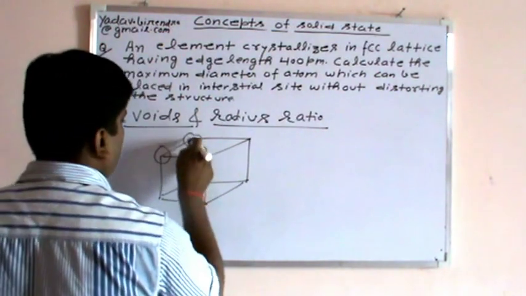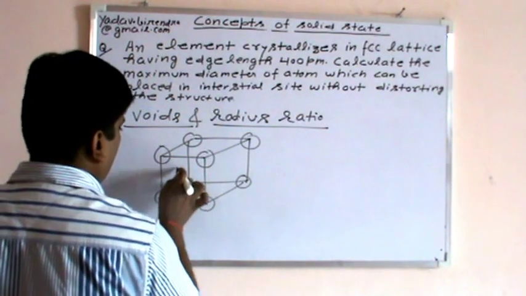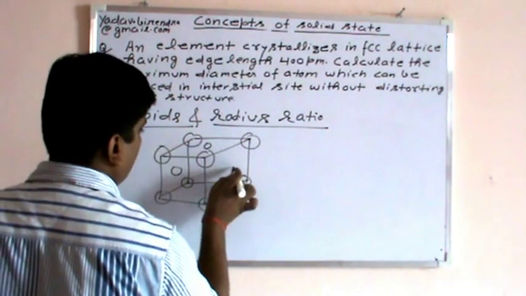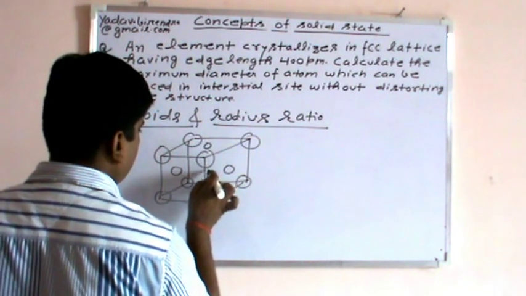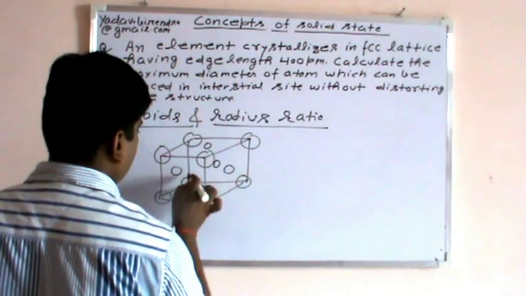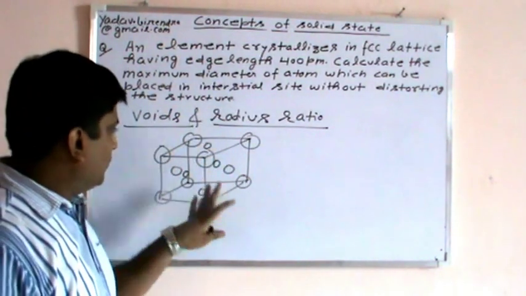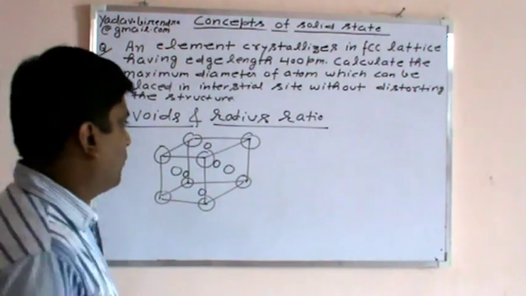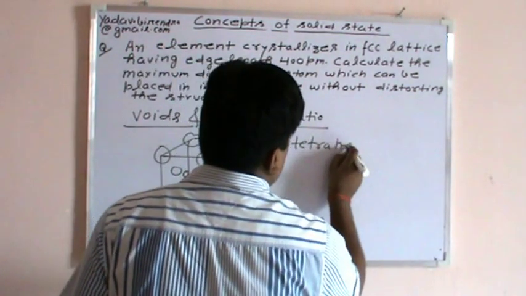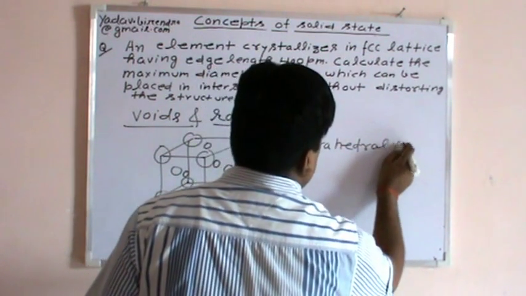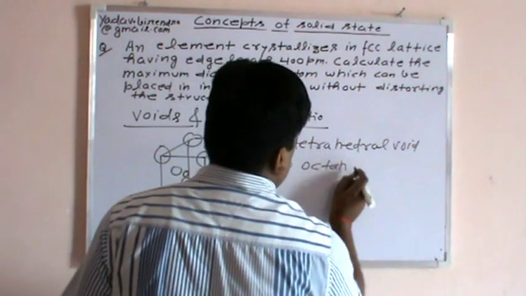Here atoms are at corners of the cube as well as face centers of this unit cell. This FCC unit cell has two types of void. One is tetrahedral void and the other is octahedral void.